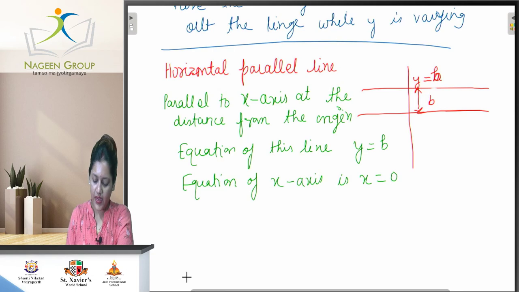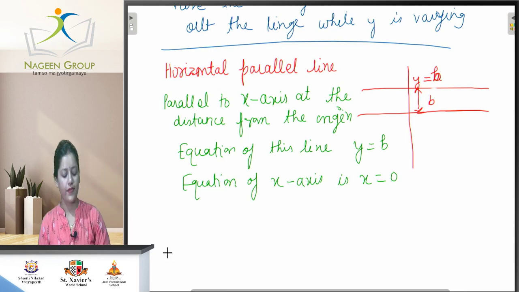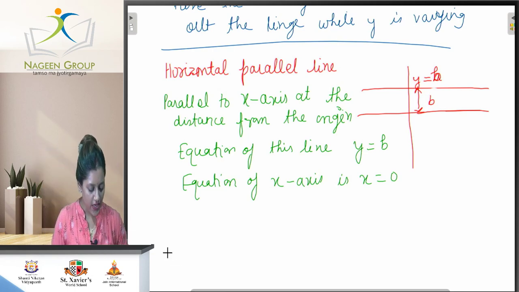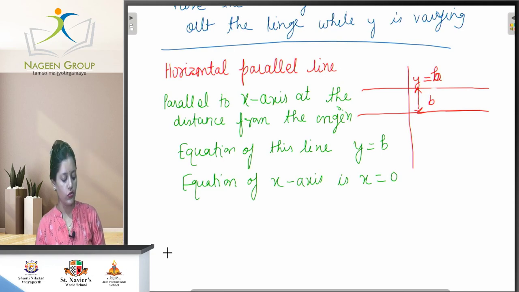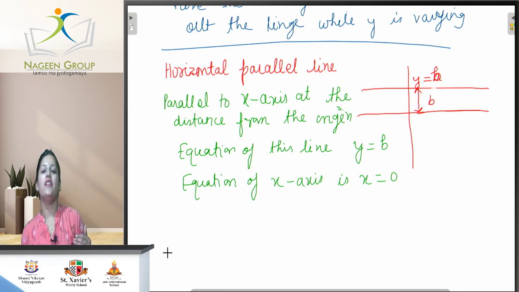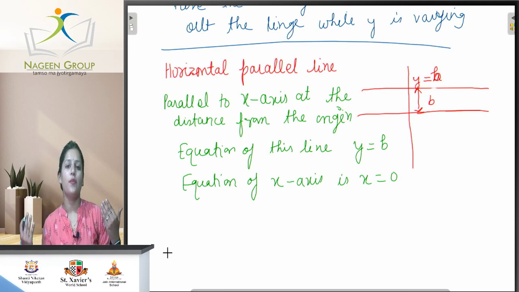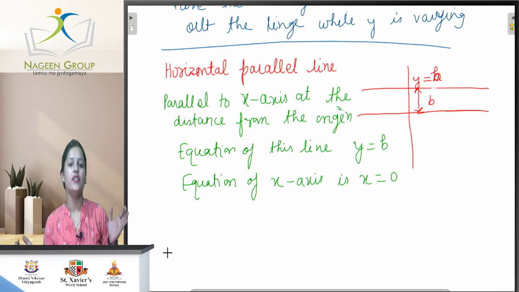In the same way, what have you understood? If the line is parallel to the x-axis, then the value of y is given, but when we put the value of x, it is only 0.